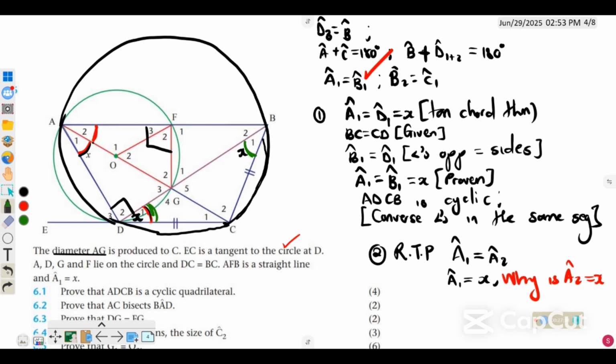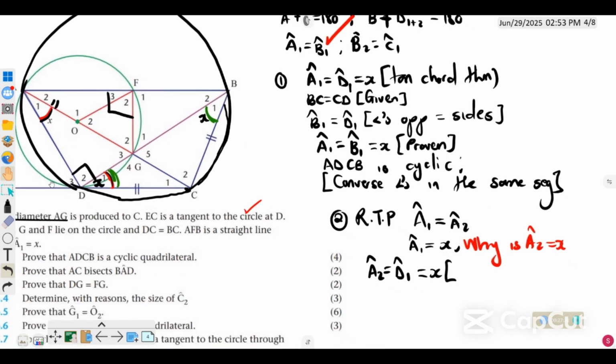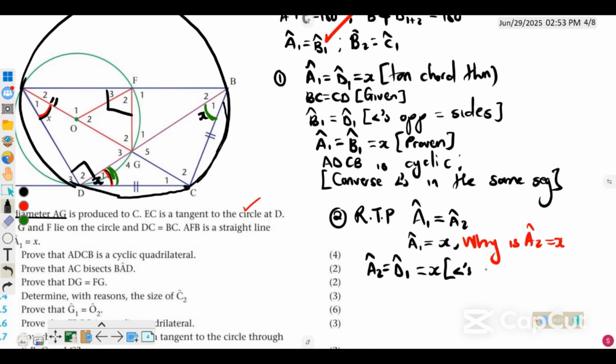So by default, since they are subtended by the same chord, then we can see that angle A2 is equal to angle D1, but we proved that D1 is x in the previous statement. They are both equal to x. Now the reason for this is what? Angles in the same segment. Then we can see that angle A1 is equal to angle A2 and they are both equal to x.